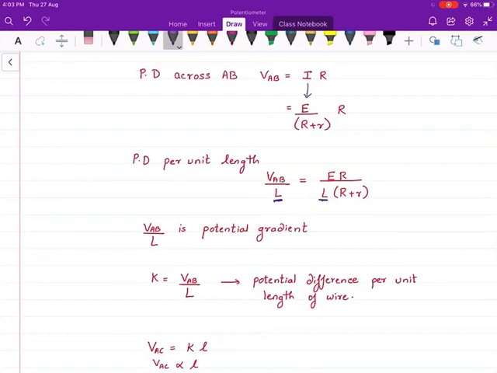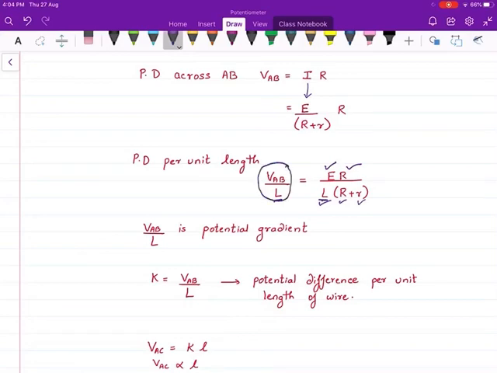Now all these parameters are constant. For a given length of wire, R is constant, L is constant, r is also constant. So provided we don't change the cell, E and r will also remain constant, and hence this VAB upon L is going to be a constant.